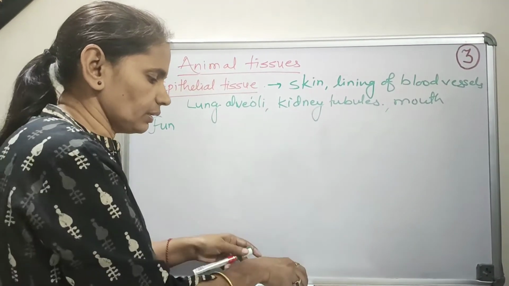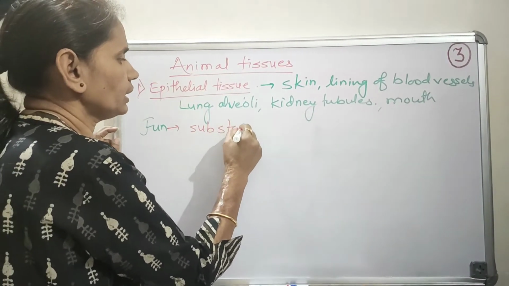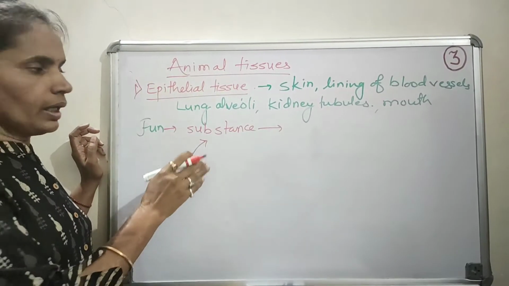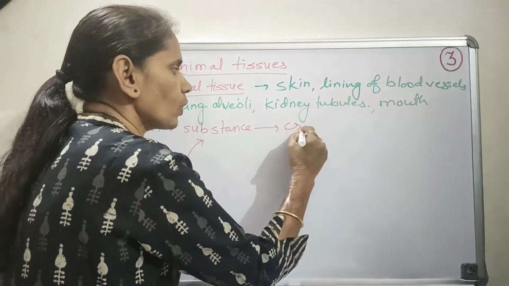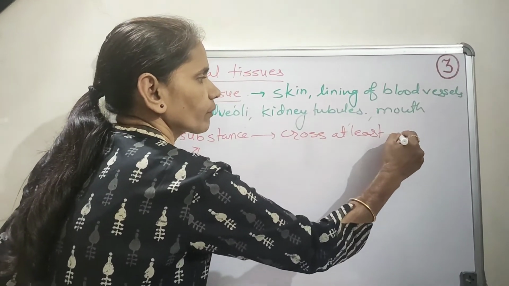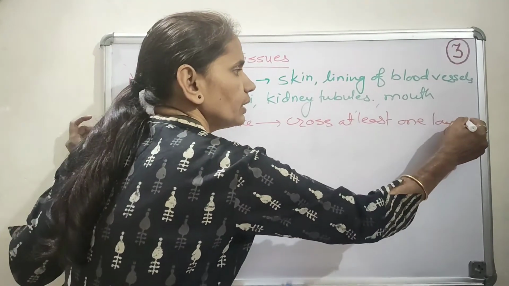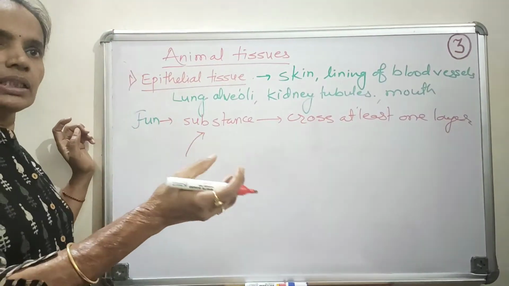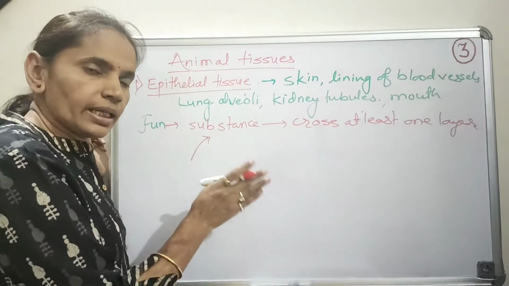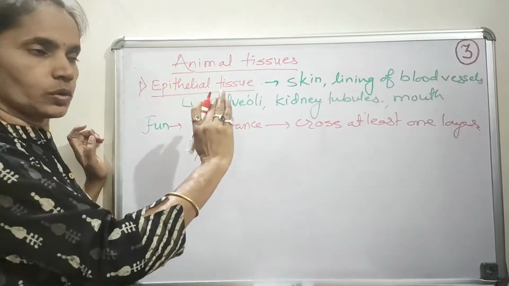Whatever substance is coming into the body or going outside the body has to cross at least one layer of epithelium. So whatever substance is coming into the animal body or into an organ, or leaving from the organ or the body, has to cross at least one layer of the epithelial tissue. Why?